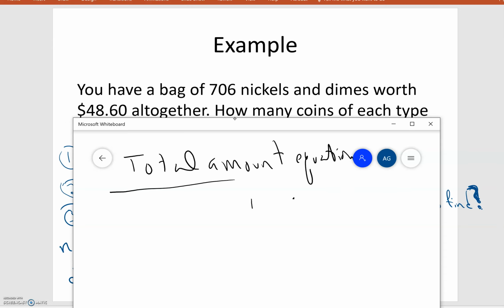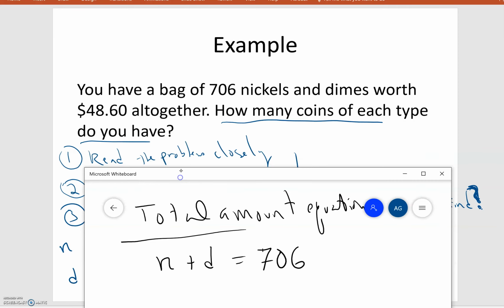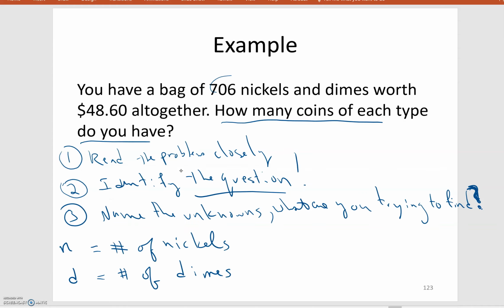This is not value, this is number of stuff. So the total amount equation is the number of nickels plus the number of dimes is equal to 706. That's taken directly from the problem: we have a bag of 706 nickels and dimes. So in math form, that's n plus d equals 706.